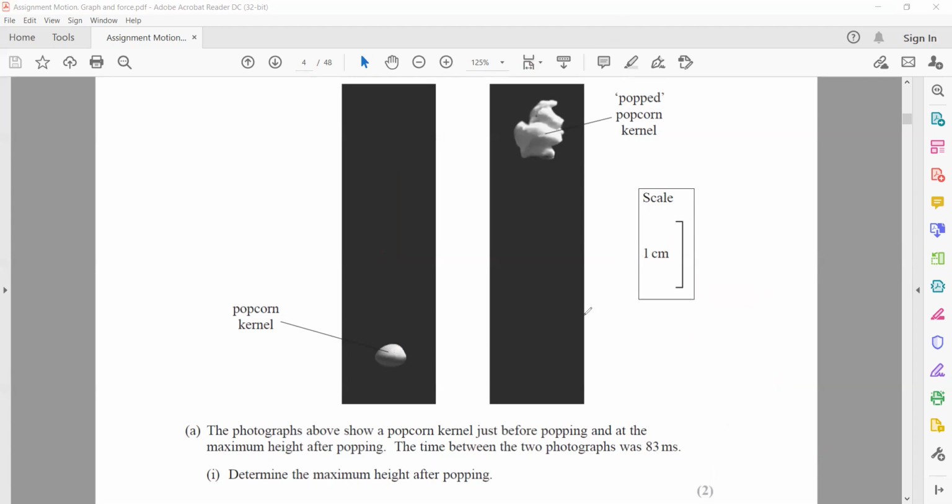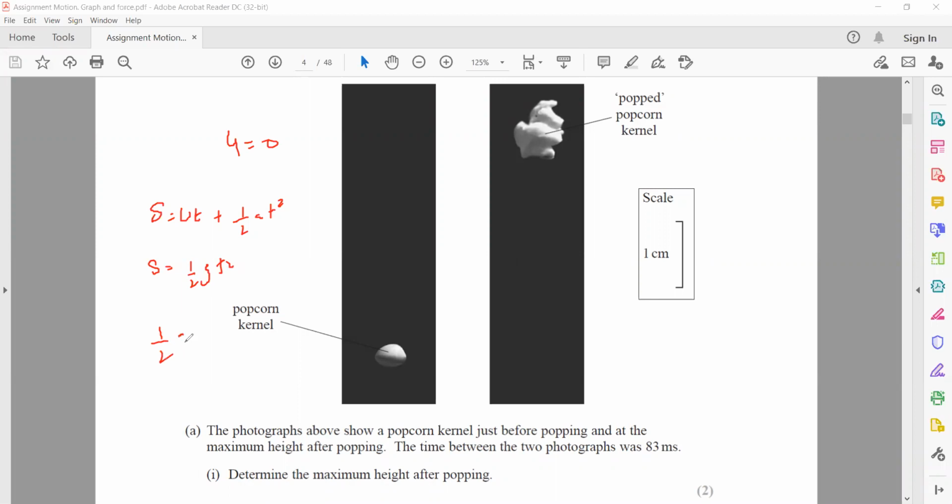There's also another way. Because we know the time, and whenever an object is released from rest, it will accelerate due to gravity, we can use the equation of motion: s equals ut plus half at square, in which u is 0. So s equals 1 by 2 g t square.